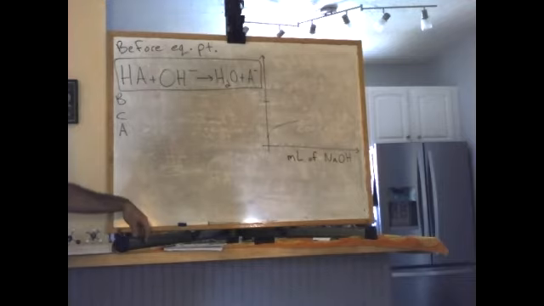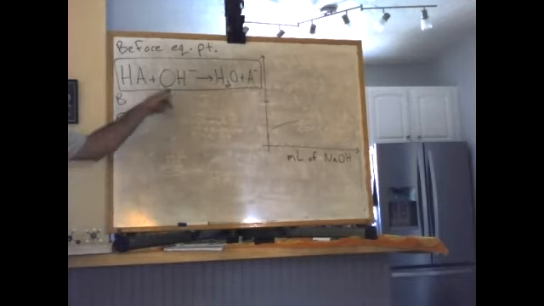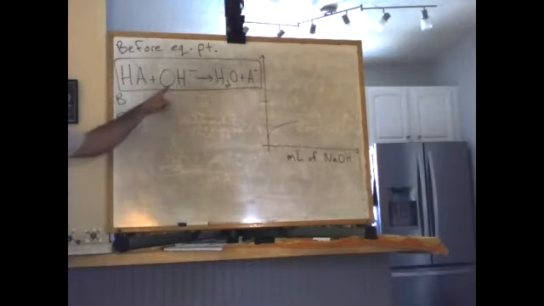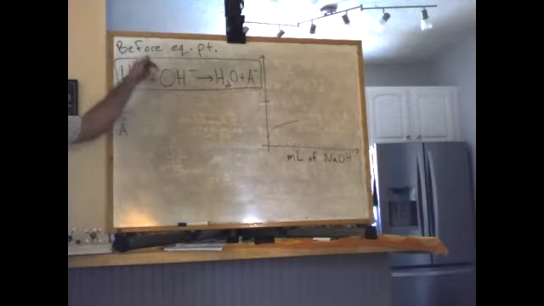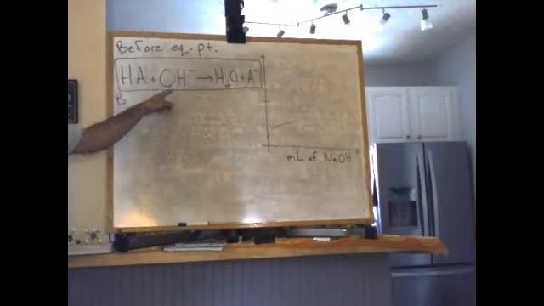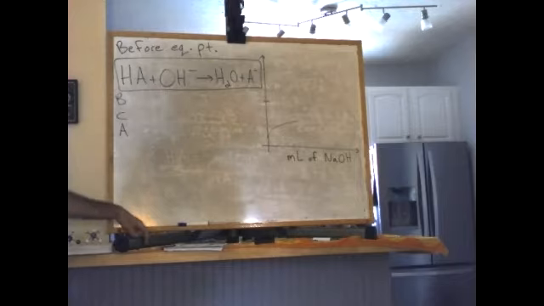Okay, again, at the equivalence point, we have equal moles. What about before the equivalence point? Well, before the equivalence point, we have not added enough of our base to react all of our acid. So in other words, before the equivalence point, our OH minus is going to be the limiting reactant.